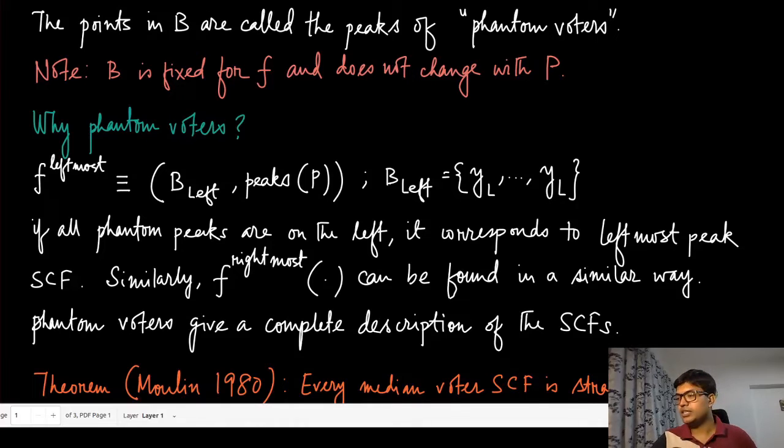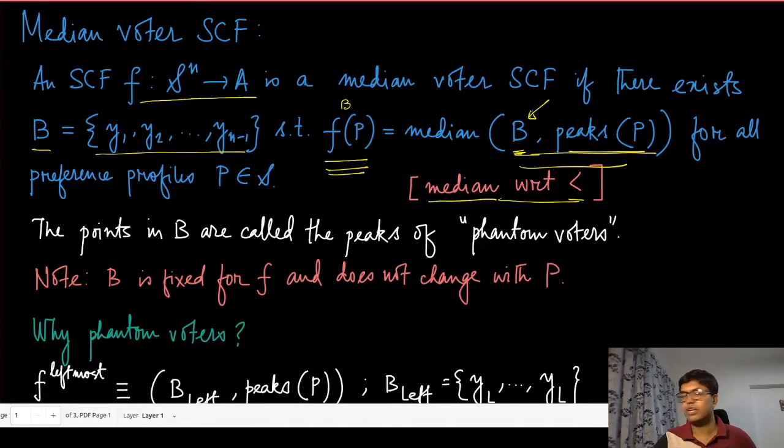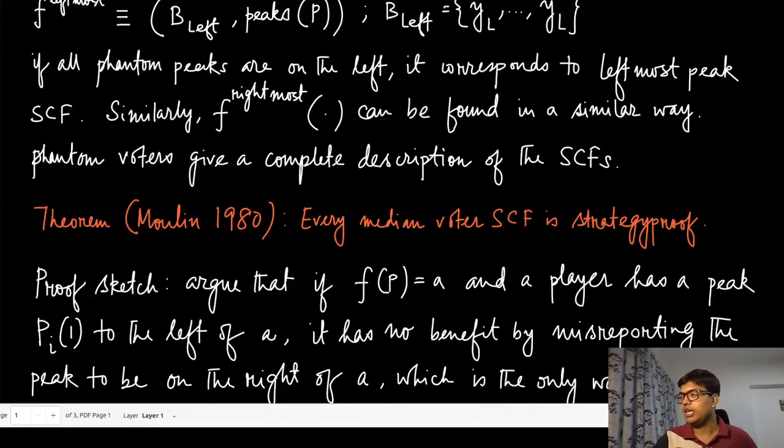Now here is an important result due to Moulin 1980. Every median voter social choice function, that is, every social choice function which belongs to this class that we have defined just now, is strategy proof.